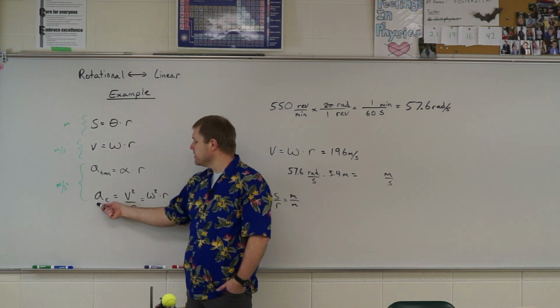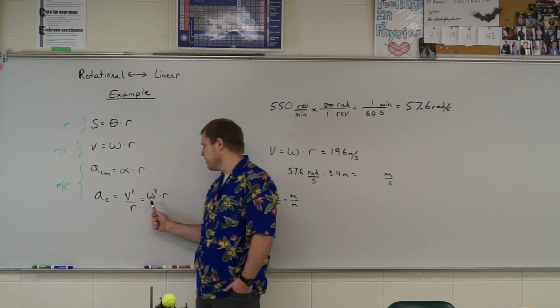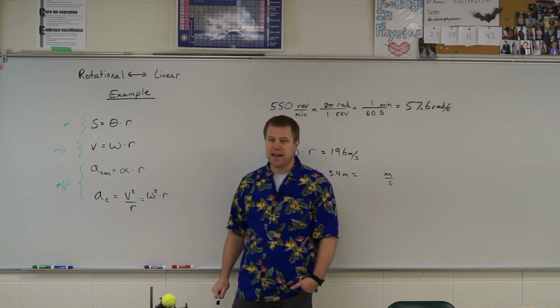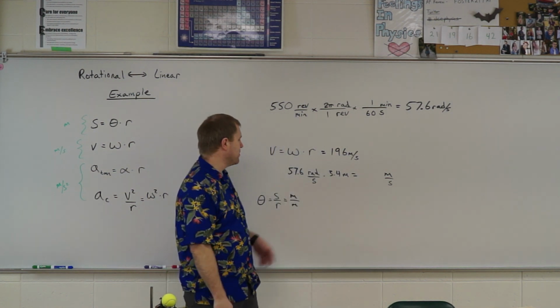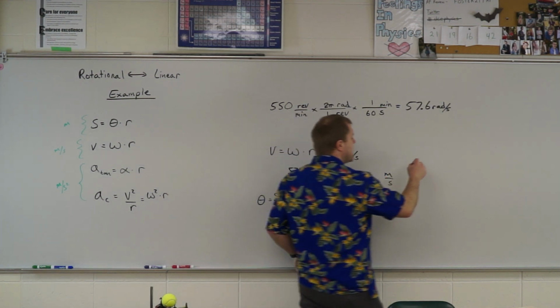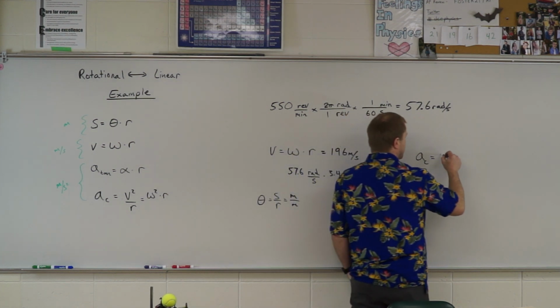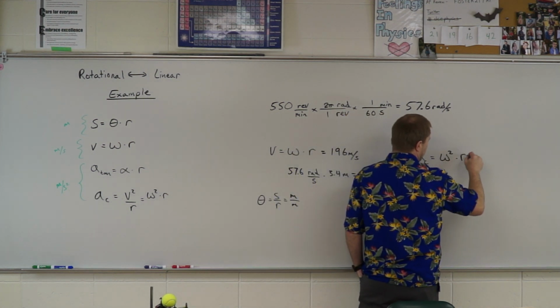Okay, so I want to find the centripetal acceleration, and I have 2 choices. I can either do the speed squared divided by the radius or omega squared times the radius. Either one is acceptable since I have both numbers now. So for AC, I'm going to use omega squared since I stored that number on my calculator.